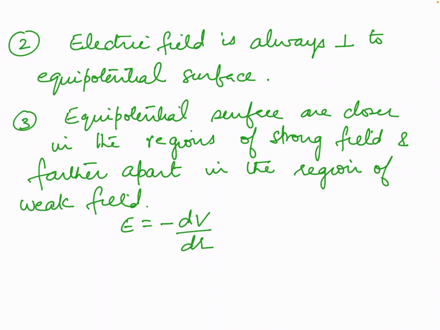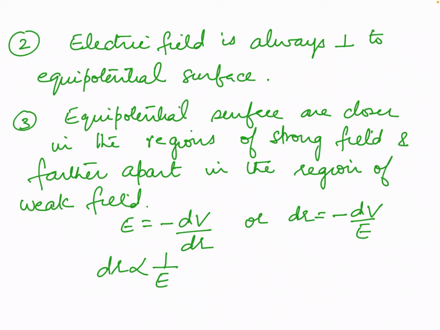That is, E will be equal to minus dV upon dr, or dr will be equal to minus dV upon E. Now for the same change in the value of dV, that is when dV is constant, dr will be proportional to 1 upon E. So the spacing between the equipotential surfaces will be smaller in regions where the electric field is stronger, and the spacing will be greater in regions where the electric field is weaker.